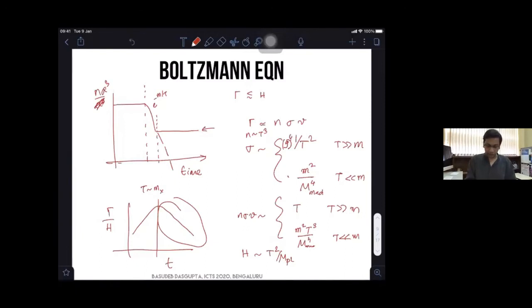And similarly here, whereas at low temperatures, masses become important, and this, of course, is model dependent. In the case of weak interactions, this is basically the Z boson mass. This is the dark matter mass. This is, of course, model dependent.